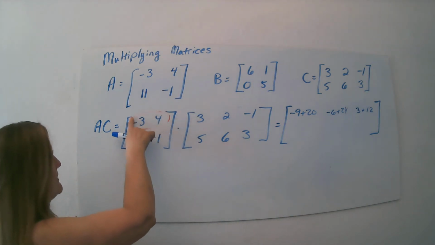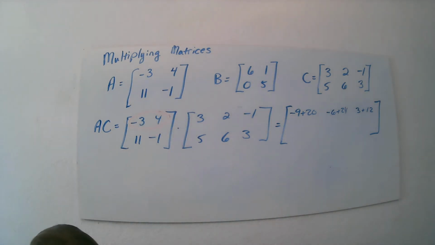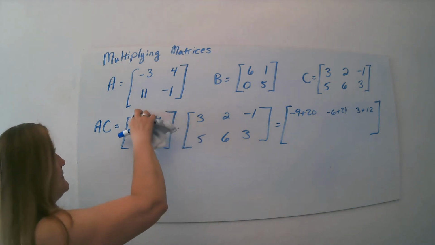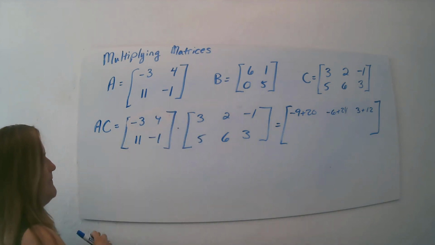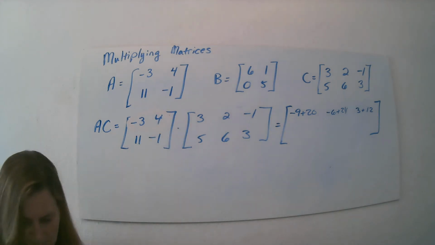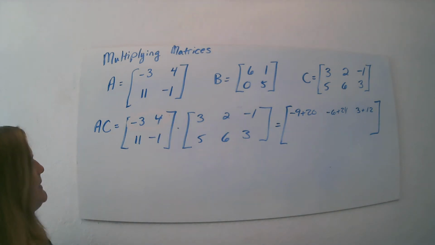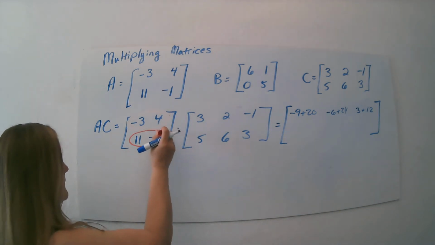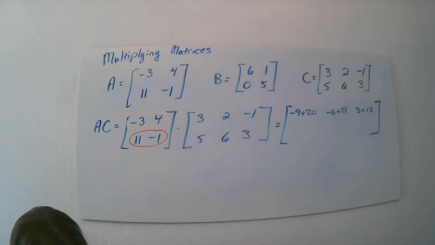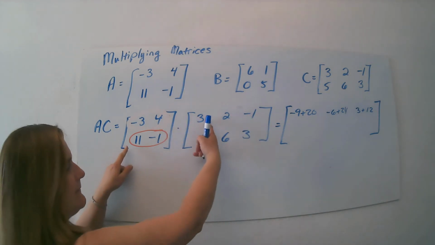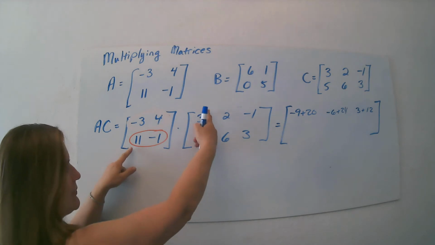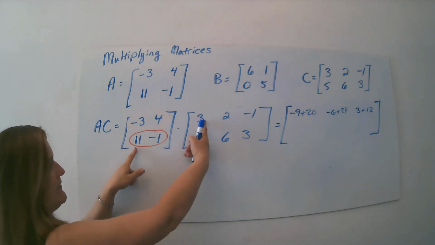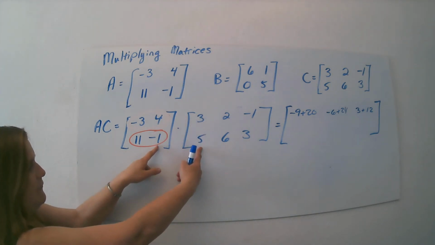Let's move down to the next row. Let me not do that with my finger here, make it a little bit nicer. Let's move down to the second row right here. So we're moving across the matrix C, starting with column 1. 11 times 3 plus -1 times 5.